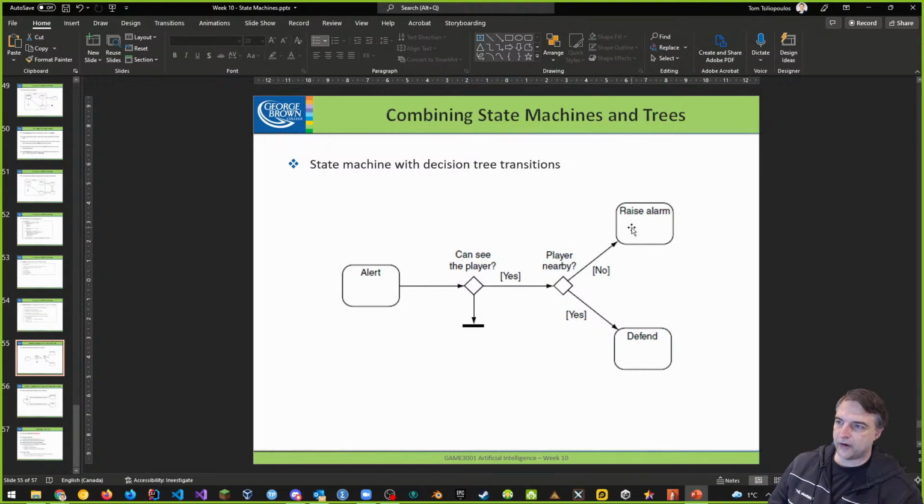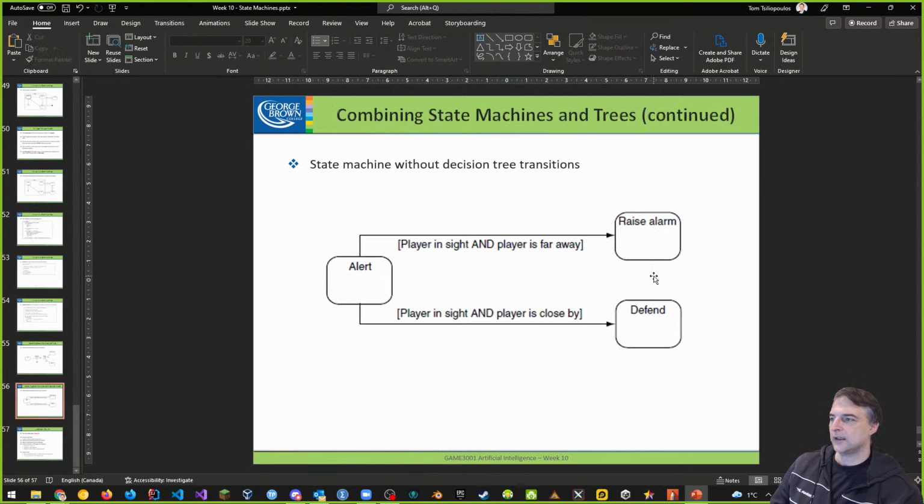So this is a hierarchical state machine where I have three different state machines: the alert state machine, the defend state machine, and the raise the alarm state machine, which has a bunch of separate substates. And we can use a decision tree to get us there. So that's combining decision trees and state machines. Kind of neat, right? What would it look like as a state machine without a decision tree?